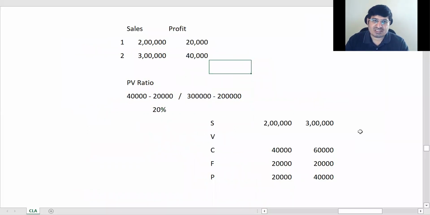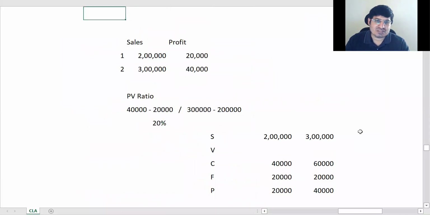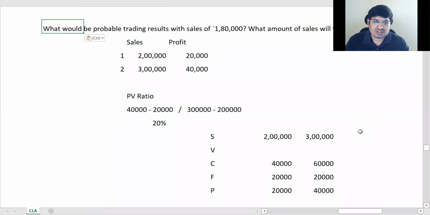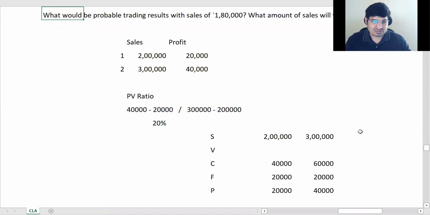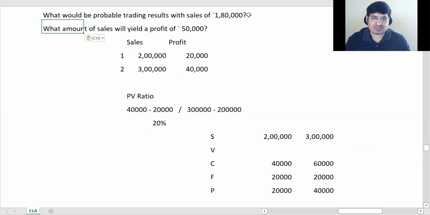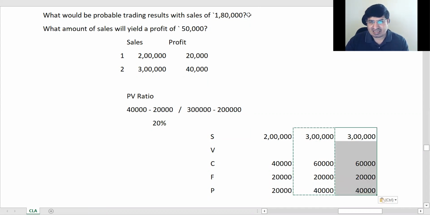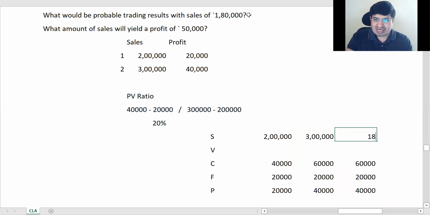The question that they are asking in this problem is what would be the trading results with sales of 1,80,000? We have got everything ready here. Put another line here. That's sales of 1,80,000.